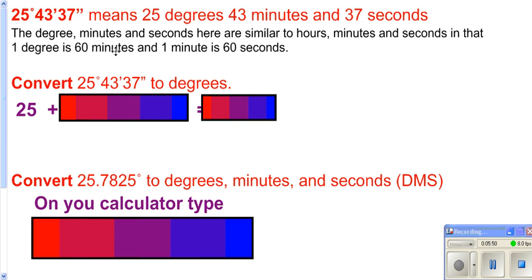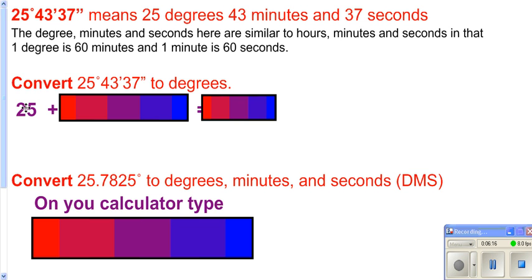It's the exact same process for converting degrees, minutes, and seconds, because in 1 degree there's still 60 minutes, just like in 1 hour there's 60 minutes, and in 1 minute there are 60 seconds, just like it is for time. We need to go ahead and convert our 25 degrees, 43 minutes, and 37 seconds into degrees.